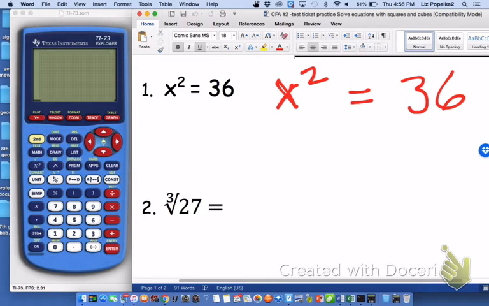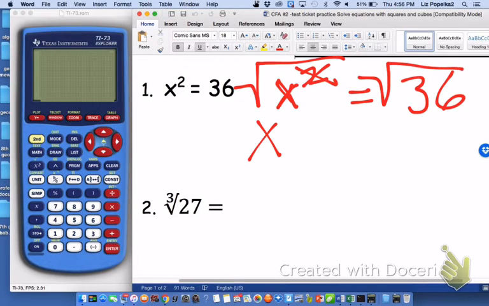So in order to cancel out this x squared, I would take the square root of x squared. Taking the square root of it cancels out the x squared since they're opposite. So then I'm just going to have a plain old x now. Just like when we're solving equations normally, if I do something to one side of the equation, I have to do it to the other side too. So I square rooted the left-hand side of my equation. Now I'm going to square root the right-hand side of my equation.